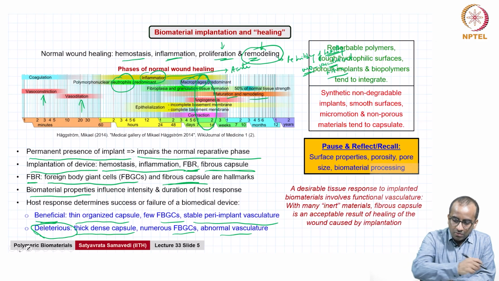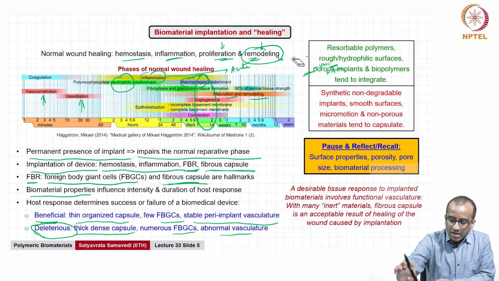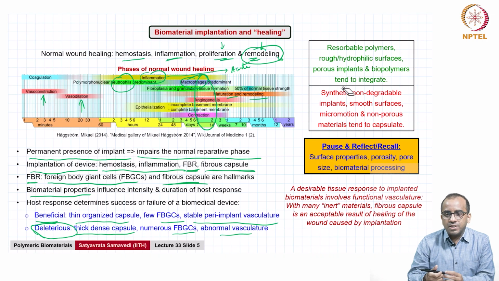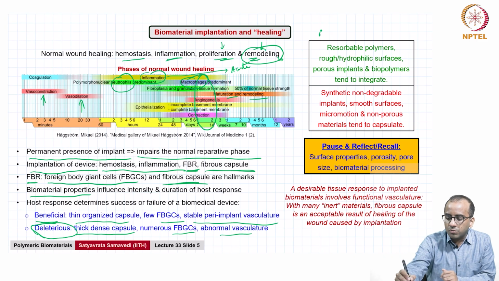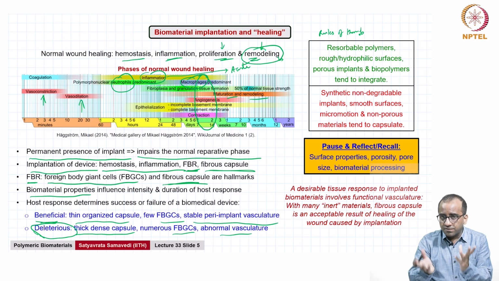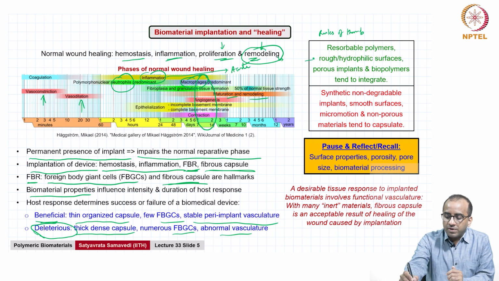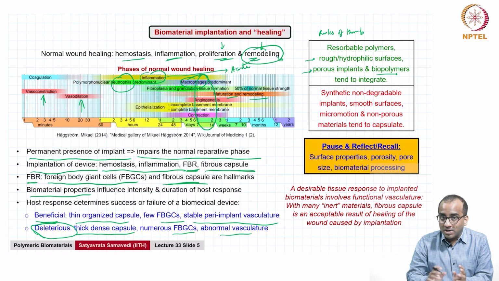And what we note here is, from a biomaterial perspective, broadly speaking, these are not set in stone. These are what you would call rules of thumb. This is just based on years and years of experience with the clinic that we have gathered this kind of information. Typically, resorbable polymers, perhaps used in the context of a tissue engineering application, rough and hydrophilic surfaces, implants that are porous that can promote cell infiltration, and biopolymers typically tend to integrate well.